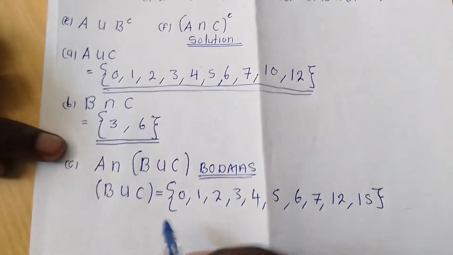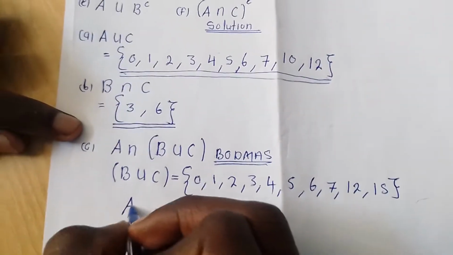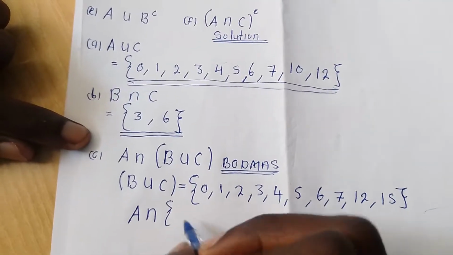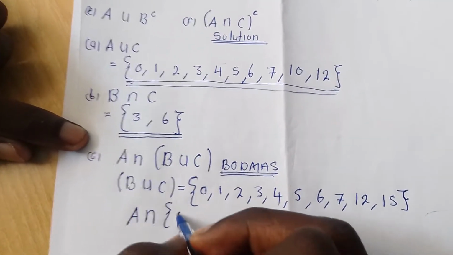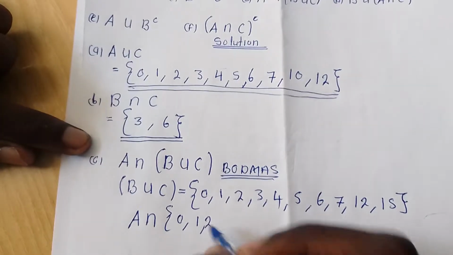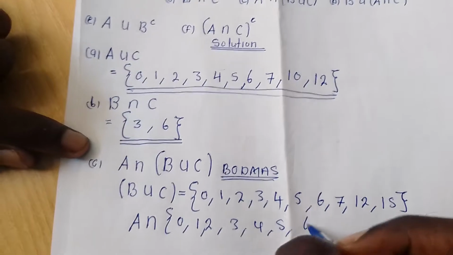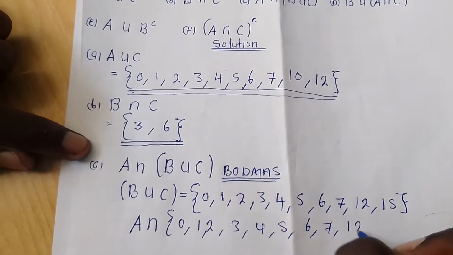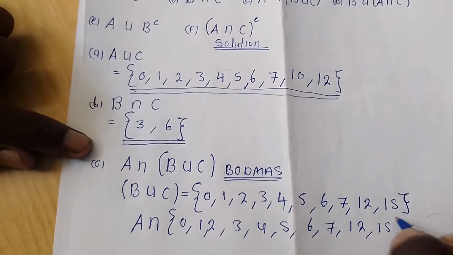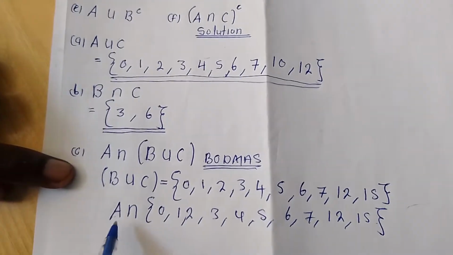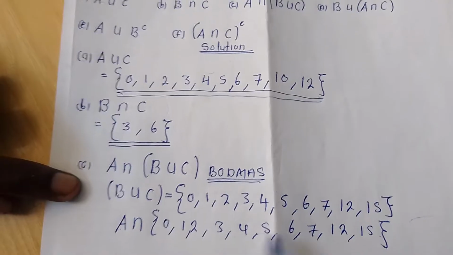Now, they are saying that this set be intersected with the set A. Let me just do it fast. What is found in A must intersect whatever is found in this set.